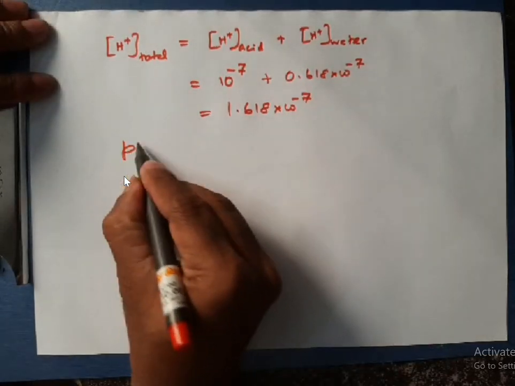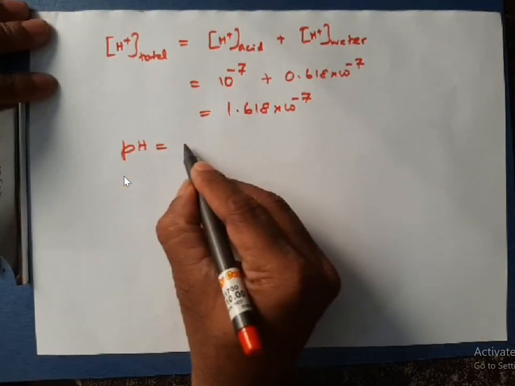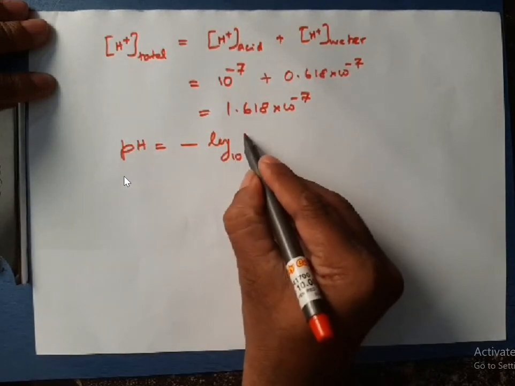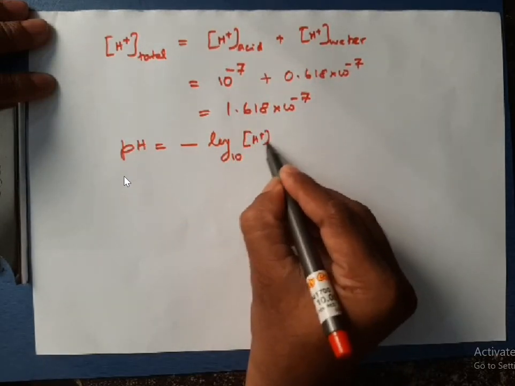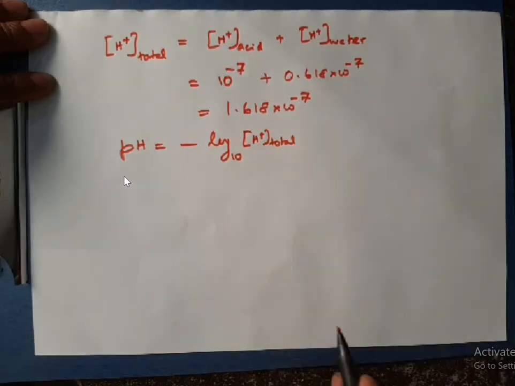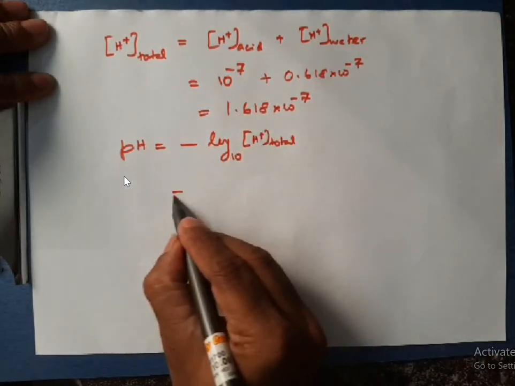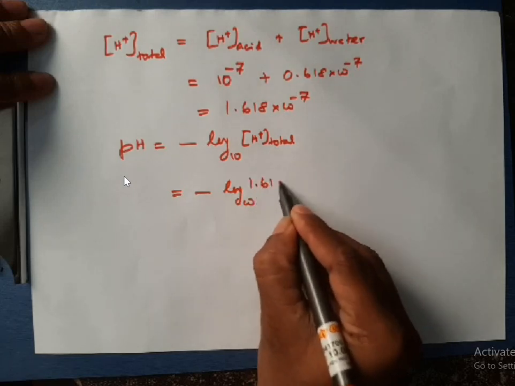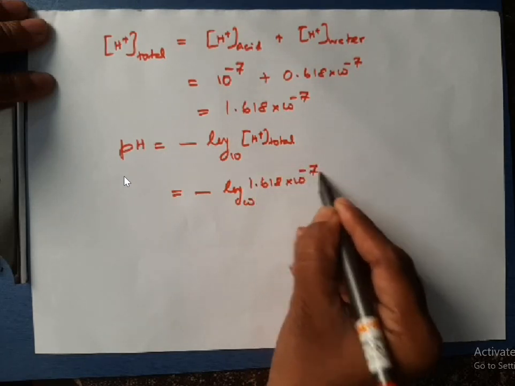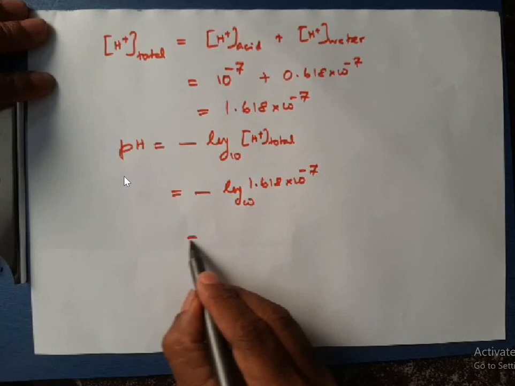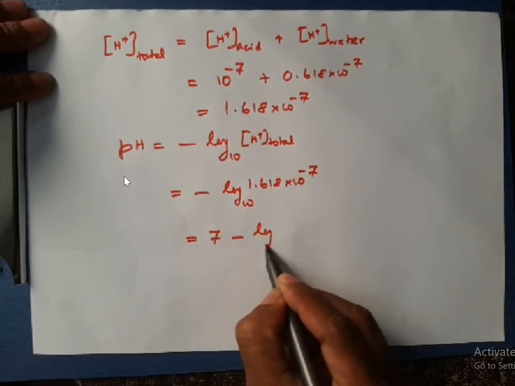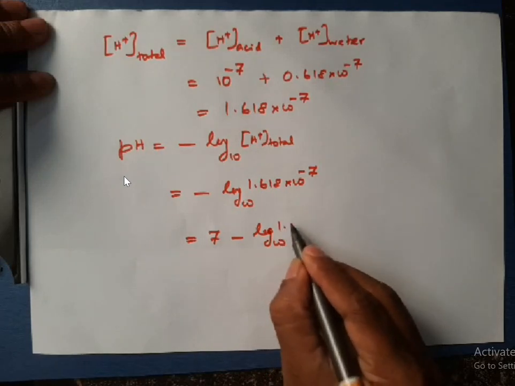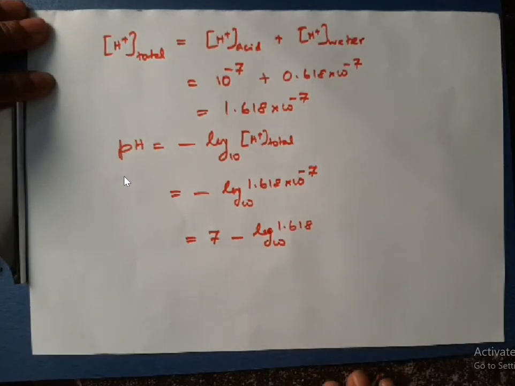Now, if we calculate pH using this, pH equals negative common logarithm of the total concentration of H plus ion, which is nothing but this value. If we substitute this value here, log base 10 of 1.618 into 10 power minus 7, you can write directly as 7 minus log base 10 of 1.618.